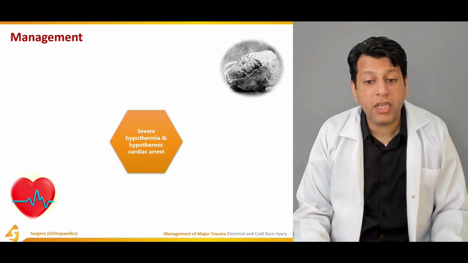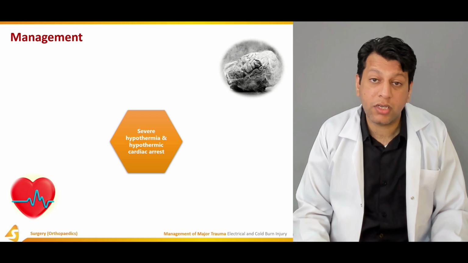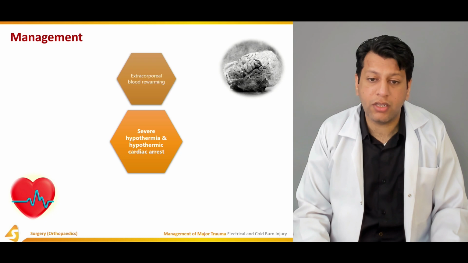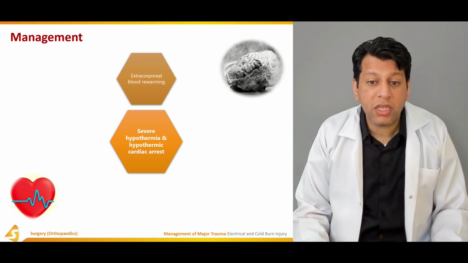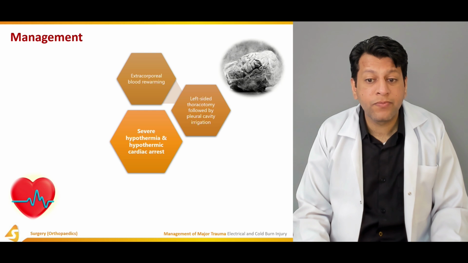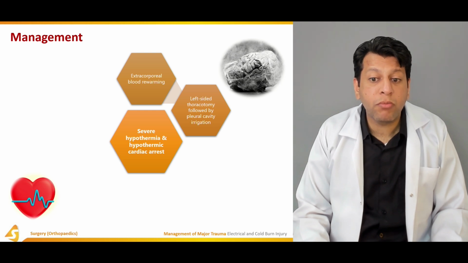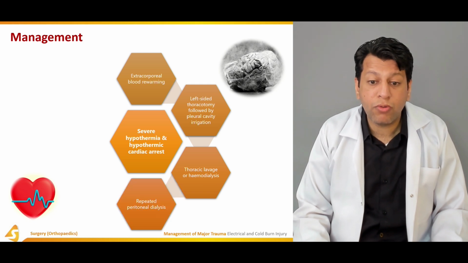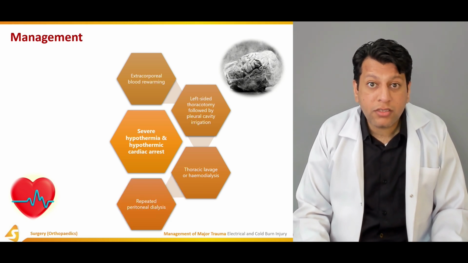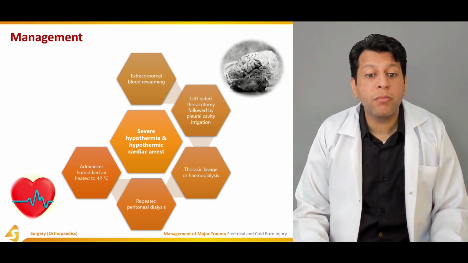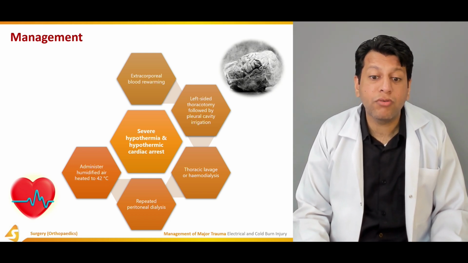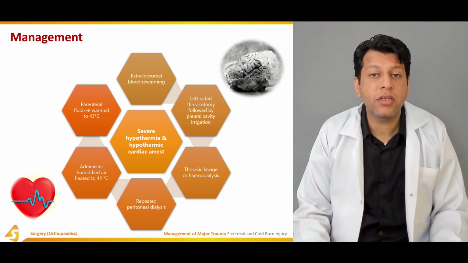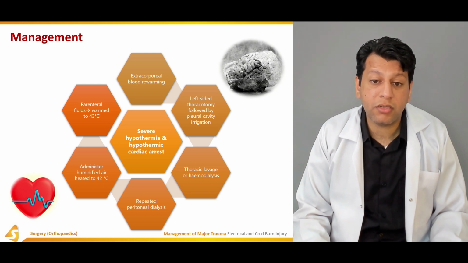Now coming to the management of severe hypothermia or hypothermic cardiac arrest. If the temperature falls below a certain degree, this may eventually lead to cardiac arrest. That can be managed by extracorporeal blood rewarming, left side thoracotomy followed by pleural cavity irrigation, thoracic lavage, or hemodialysis with warm fluids, repeated peritoneal dialysis with warm fluids, and we may have to administer humidified air heated to 42 degrees Celsius, and parenteral fluids warmed up to 43 degrees Celsius can be given as well.